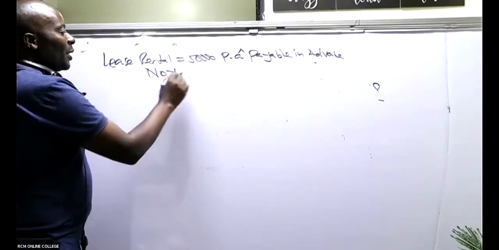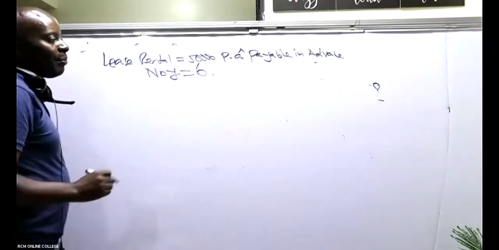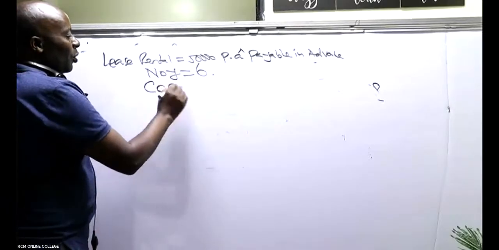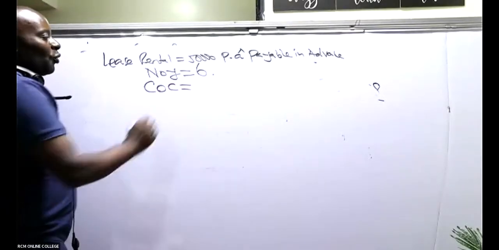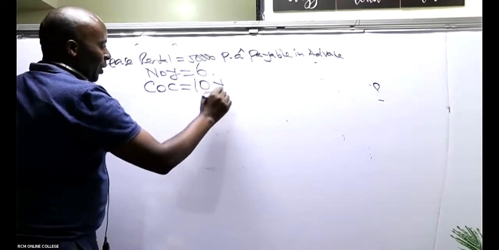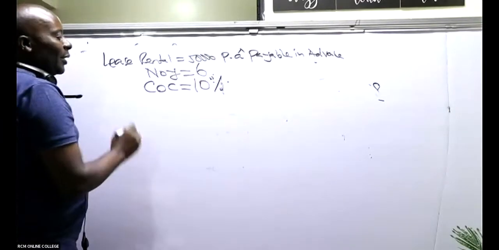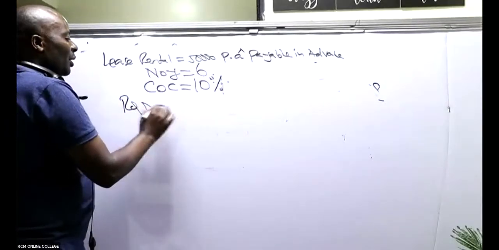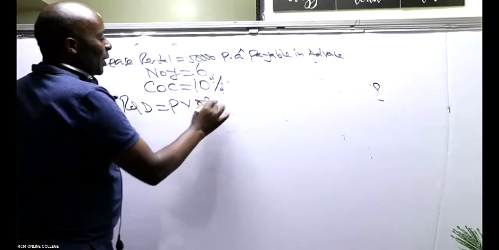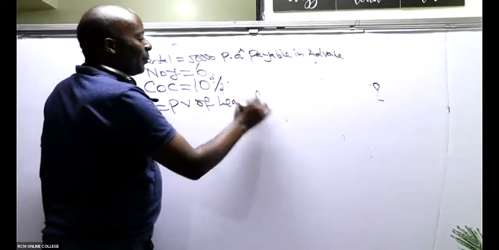Number of years is 6, for example. They'll give you the cost of capital, let's use 10%. And then you'll be required to give the present value of the lease liability.